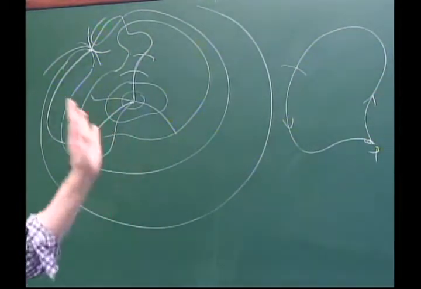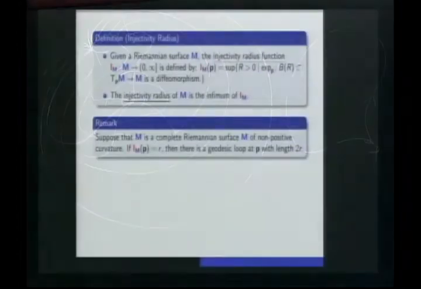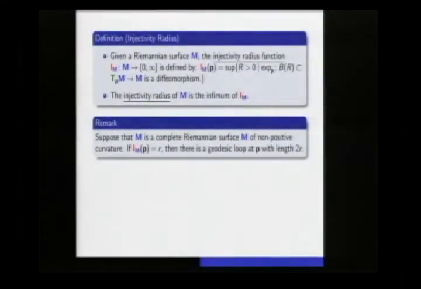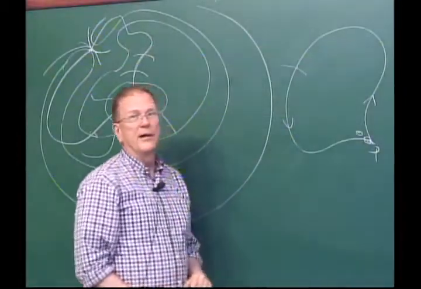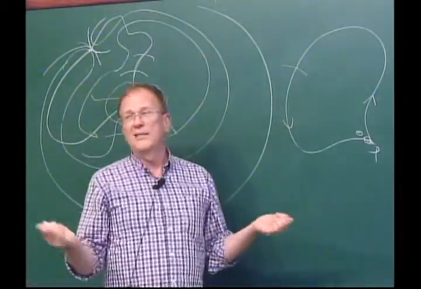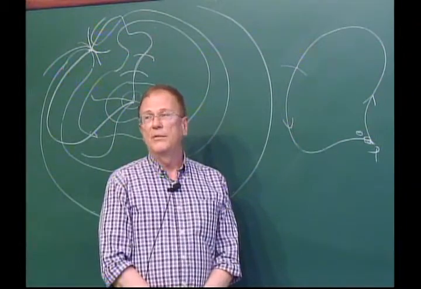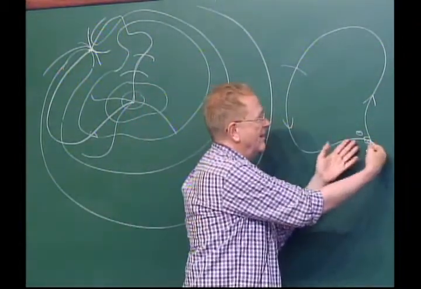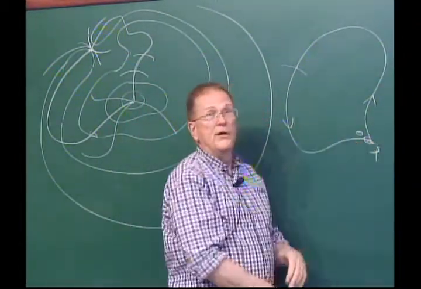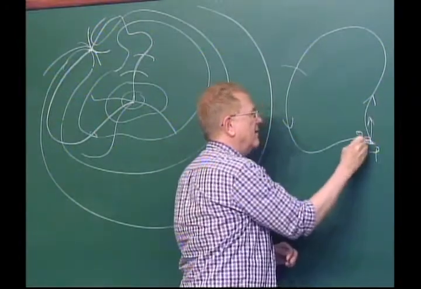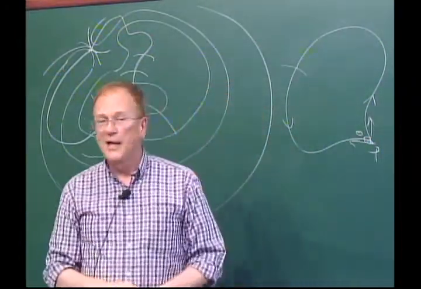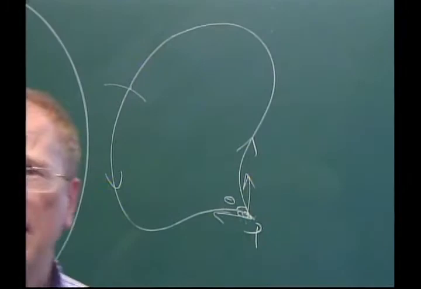Okay? So any questions about how you get that geodesic loop? Loop means it's a geodesic, but here there's maybe some kind of angle between these two geodesics. Maybe it's 0, maybe it's not. Anyway, you can find this geodesic loop.